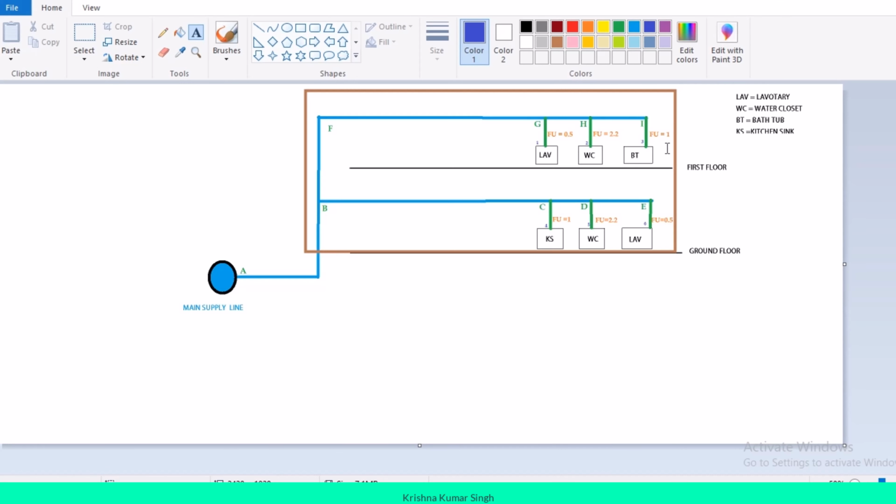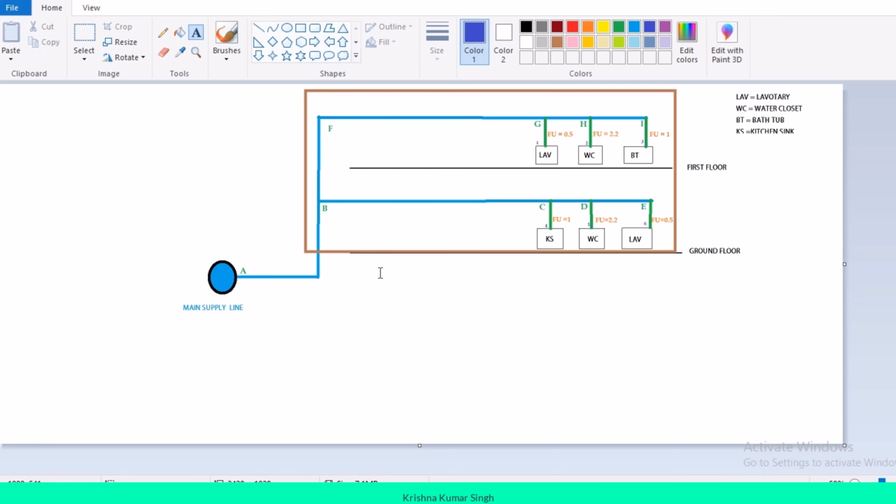So guys, this is our complete project. We already assigned the fixture values to each individual fixture. The next step is to assign water supply fixture values to this branch, this section of main pipe. After assigning the fixture values, we will come up with the total fixture value and convert it into GPM very easily.